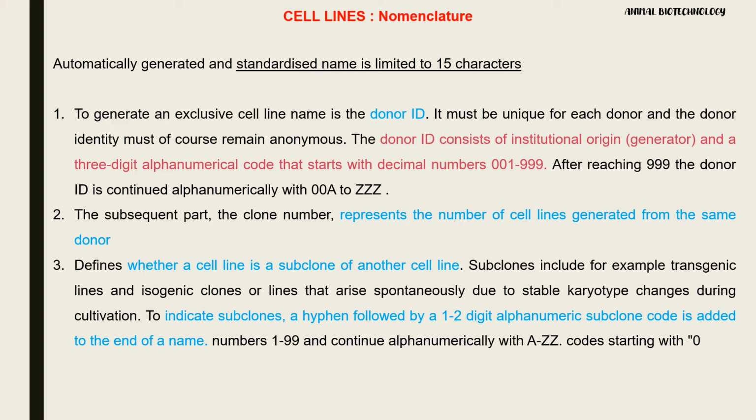In this method of nomenclature, first, a donor ID is created. It could be the institutional name with a 3-digit alphanumerical code, which starts from 001 to 999. After 999, it continues with 00A to ZZZ. The second is the clone number and third is the subclone.